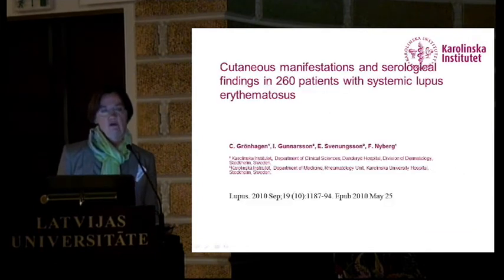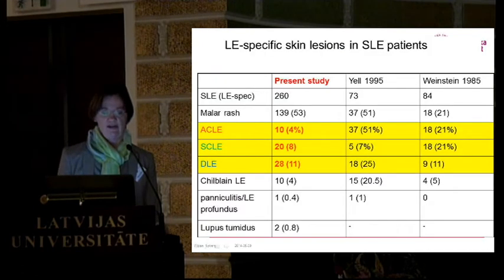And we have looked at cutaneous manifestations and serological findings in 260 patients with systemic lupus just to find out what the overlap is.